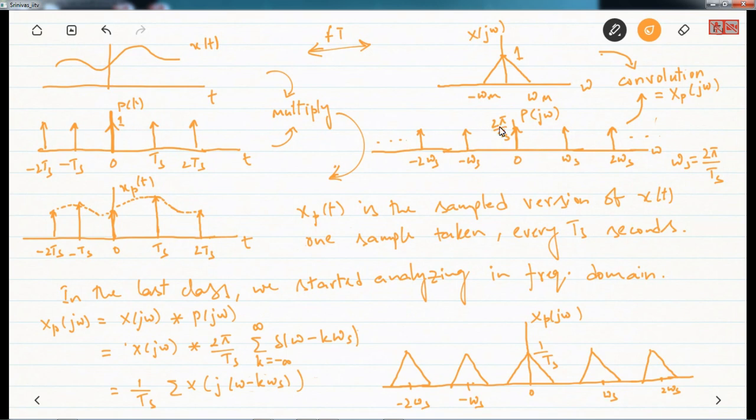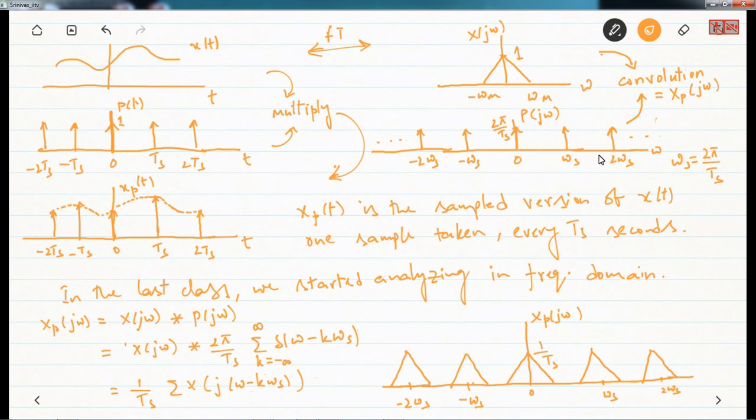So its Fourier transform is also a periodic impulse train with amplitude 2 pi by Ts, and its repetition is at regular intervals omega s. So now we have to convolve this X of j omega with P of j omega, and the result will be this X of j omega repeated at each impulse of P of j omega.